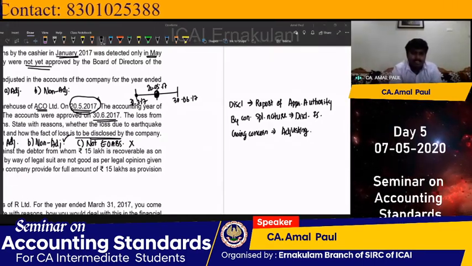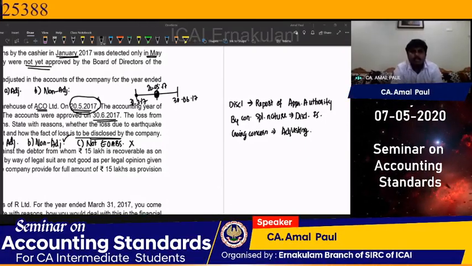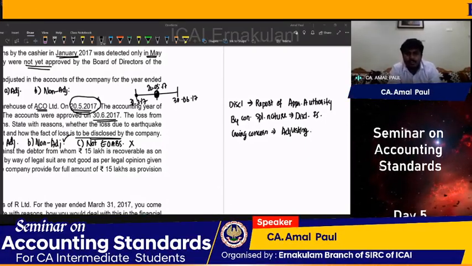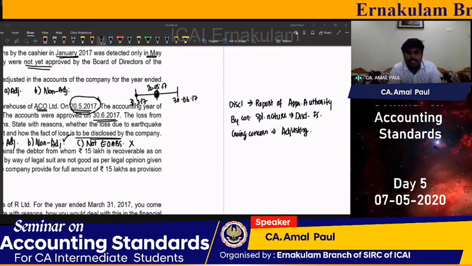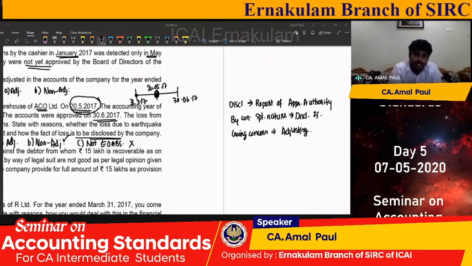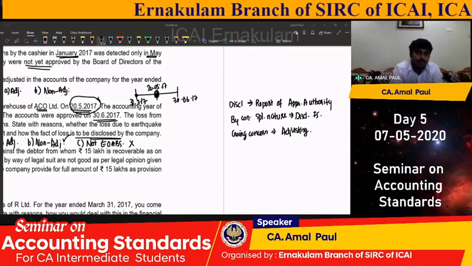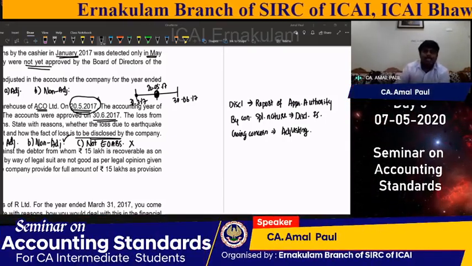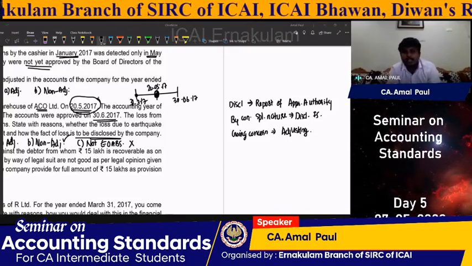They incurred a loss of 30 lakhs due to the earthquake. Whether they can survive in future, with no insurance, they cannot survive. Then going concern assumption may not be valid, and those items need to be adjusted in the financial statements also. Clear?